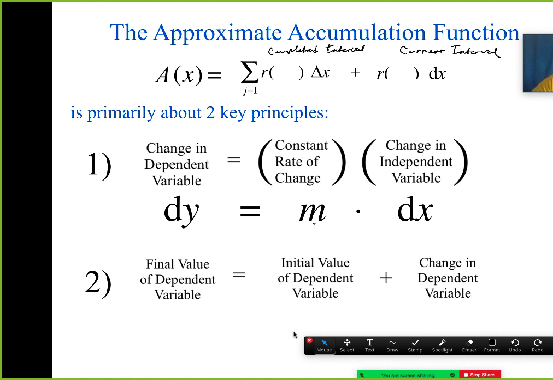Anybody have an idea? Don't be afraid. Does A of x represent the final value? Okay, if A of x was the final value, then how is that final value seen as initial plus change?